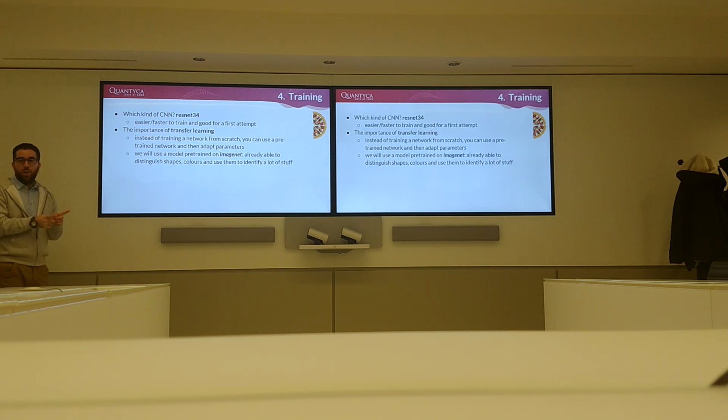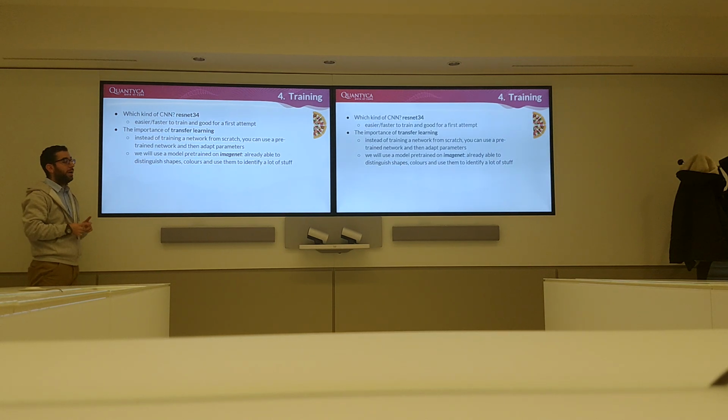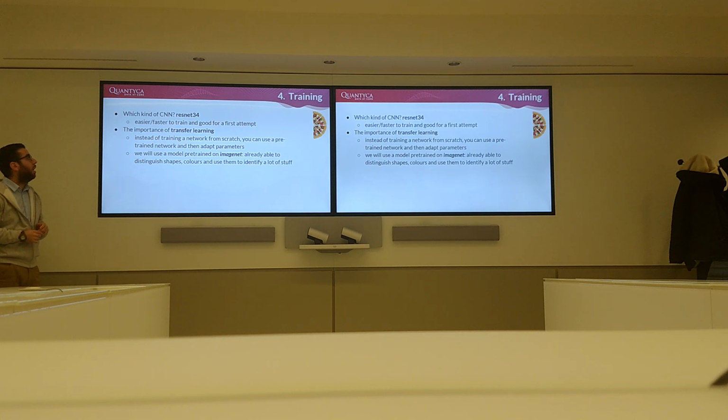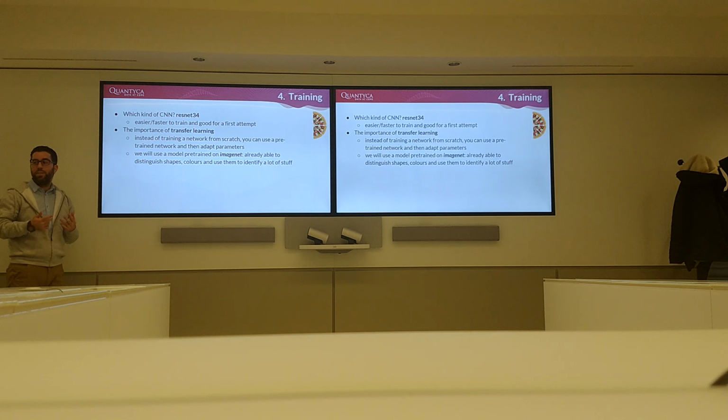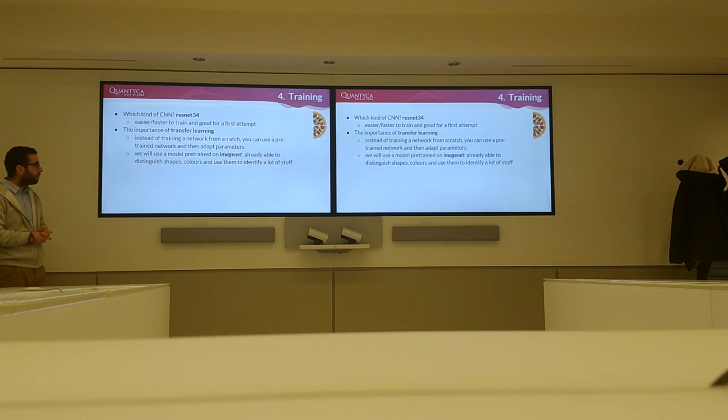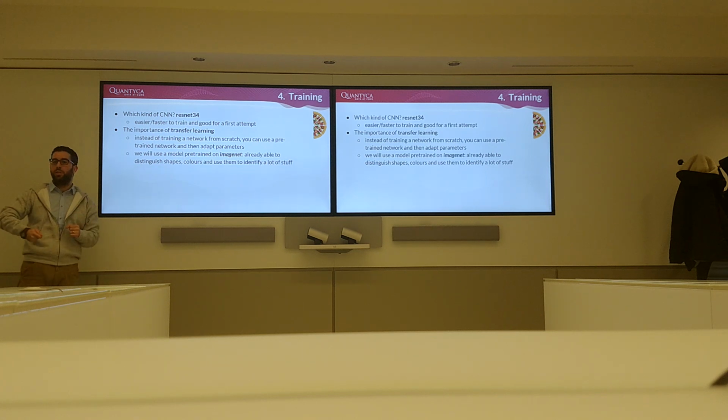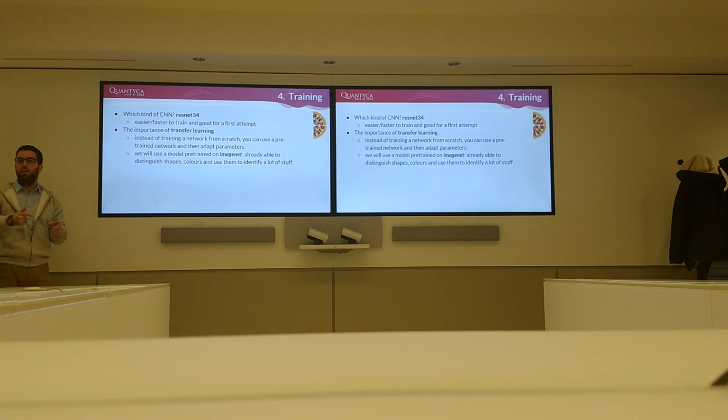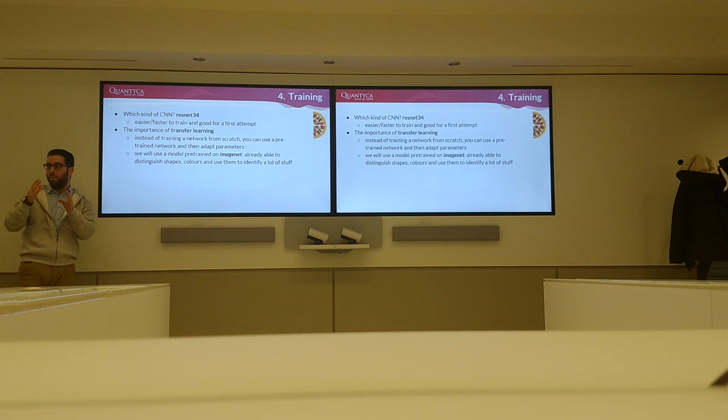So let's start training the model. To train the model, I use a neural network with a ResNet 34 architecture, which is one of the most used because it's easy to train, it's fast, and it doesn't have too many layers. And here is the importance of transfer learning. I'm using a model trained on ImageNet, and from those parameters I'm going to adapt the parameters to pizzas.